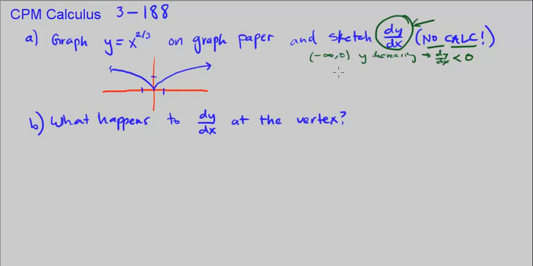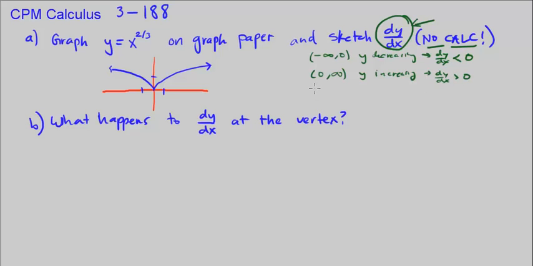Also, we are concave down there, but I'll talk about concavity in a second. From 0 to positive infinity, y is increasing. Therefore, our derivative is going to be positive, or greater than 0.